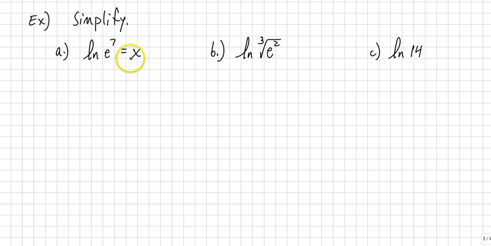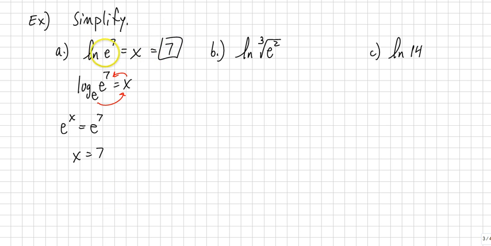So this would be log base e of e to the 7th. And then you can do the circle thing. So e to what power is the same thing as e to the 7th? Well, it has to be the 7th power. So what that tells me is the natural log of e to the 7th is really just 7.